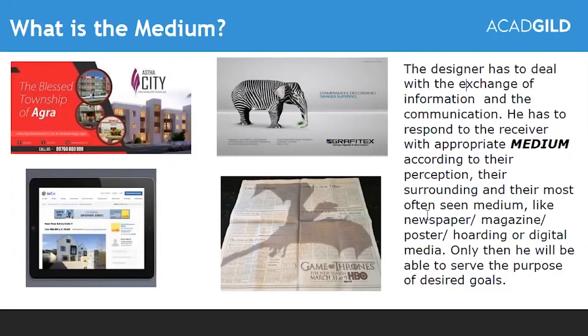Because guys, if you see any magazine, sometimes on the front cover page you will see some paper is glossy, some designs are shining. On some magazines, when you touch the cover, you will feel a bevel or emboss kind of texture.